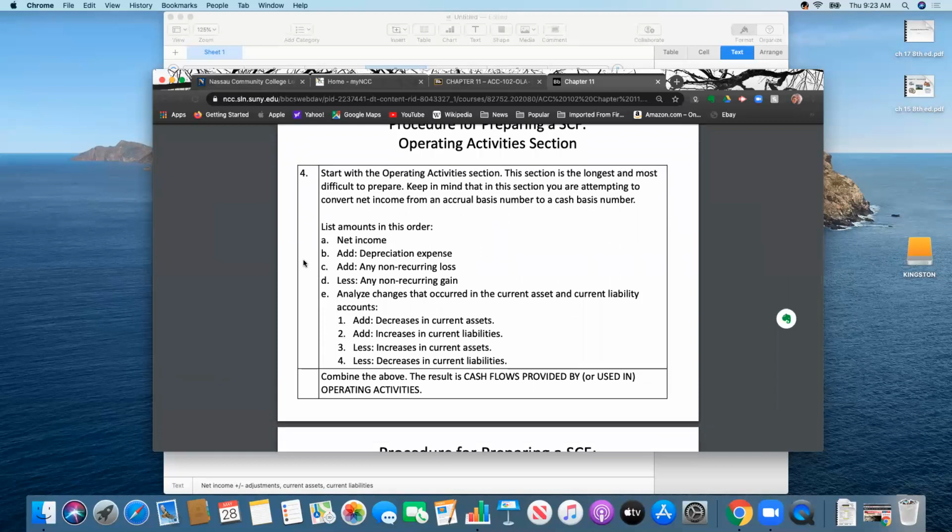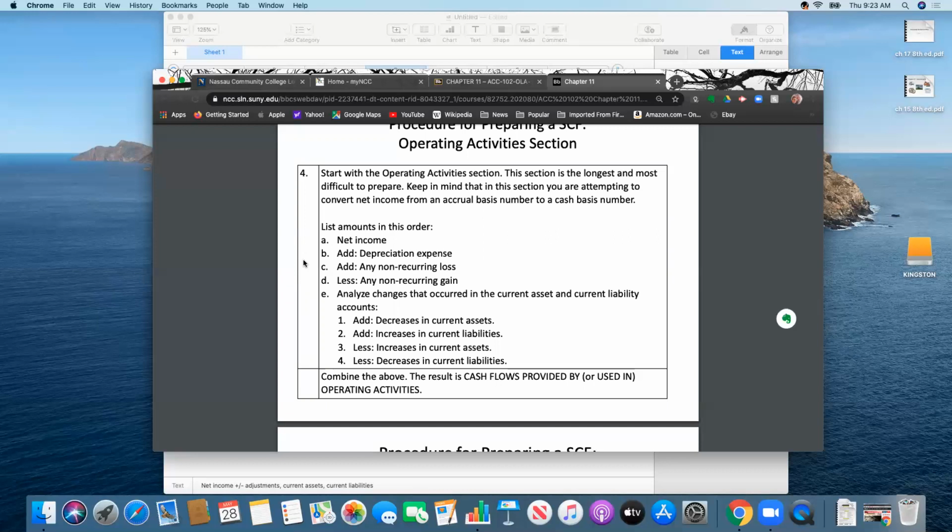Start with operating activities. This is the longest and most difficult to prepare. Keep in mind that in this section, you are attempting to convert net income from an accrual basis number to a cash basis number, right?